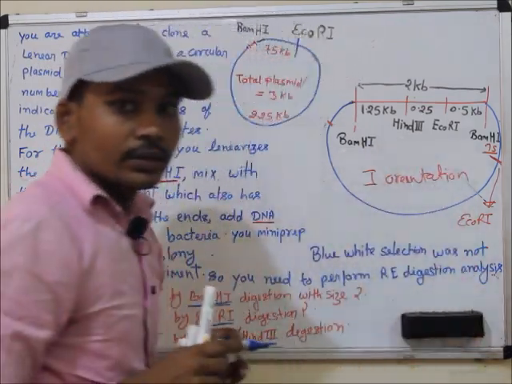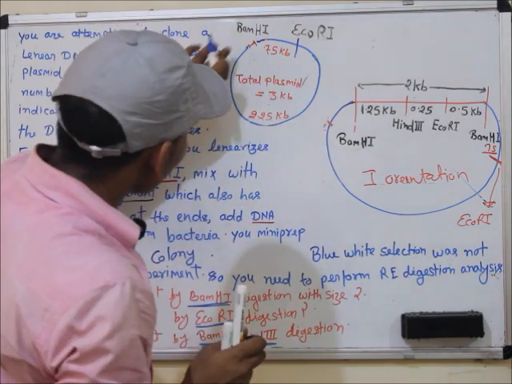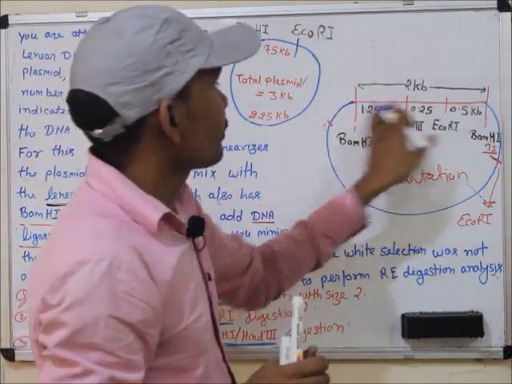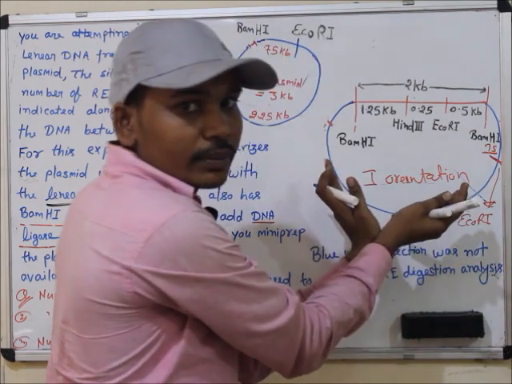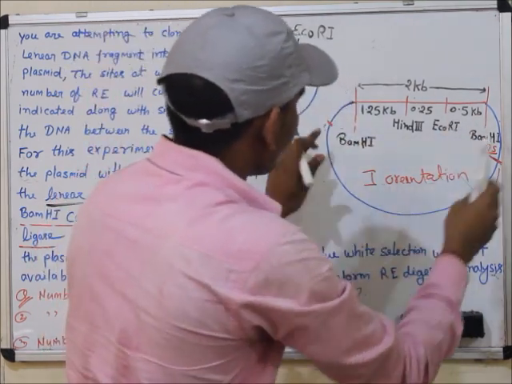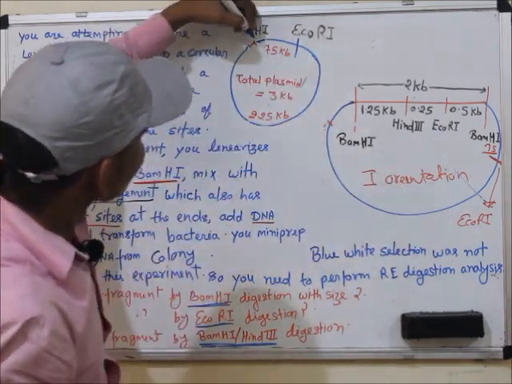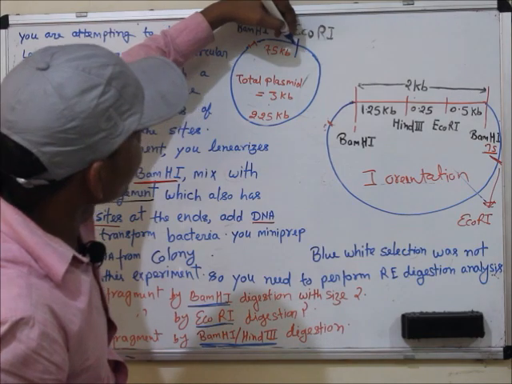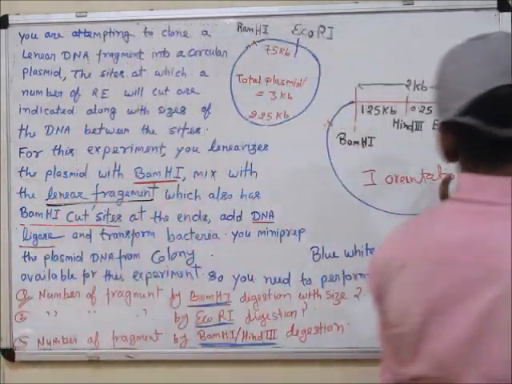Focus on this. In the first orientation, the fragment is added in the same way, then that is the restriction mapping. BamHI 1.25 kb and EcoR1 is here 0.75 kb. 0.75 kb.